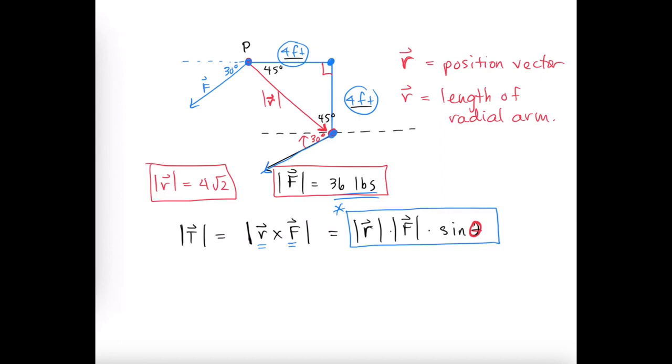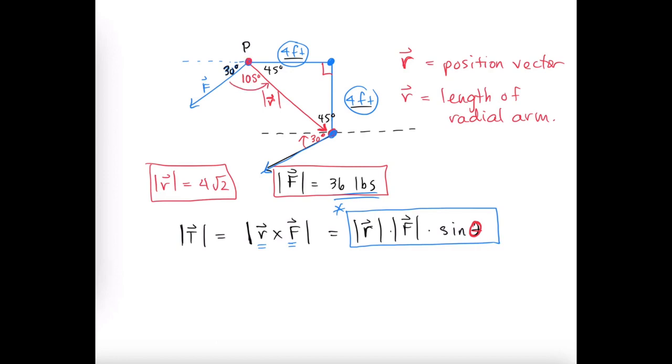So now I have the sum of 30 degrees and 45 degrees. That's going to tell me that the angle left over to be in between these two vectors is 105 degrees. So we are saying that the angle in between the force vector and the position vector is 105 degrees.